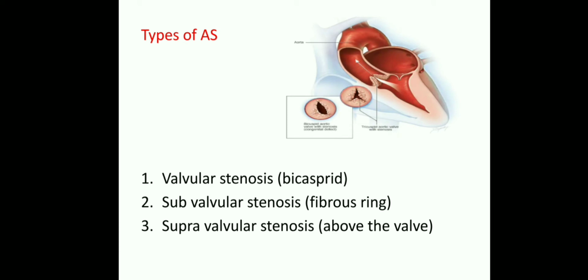Whenever we check the ECG and X-ray, the function of the valve is good, but the supravalvular stenosis is forming. So these are the three types of aortic stenosis.